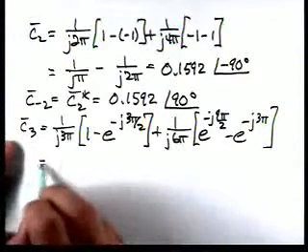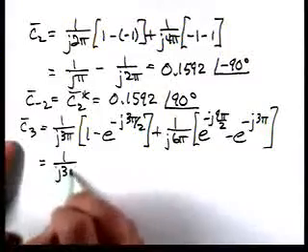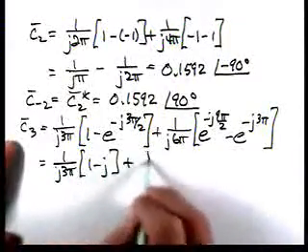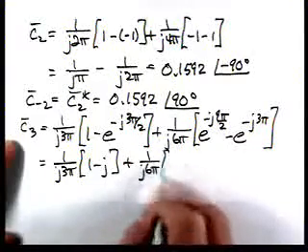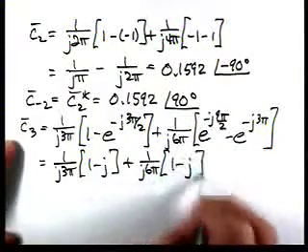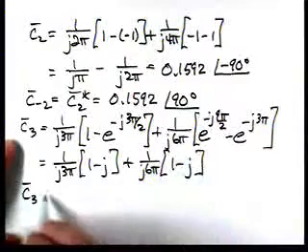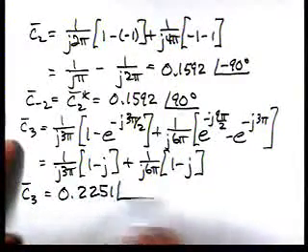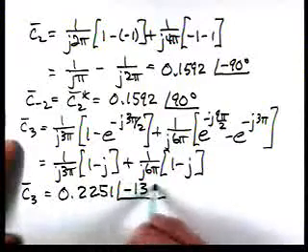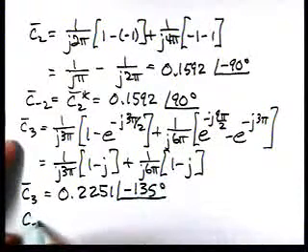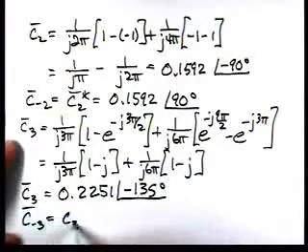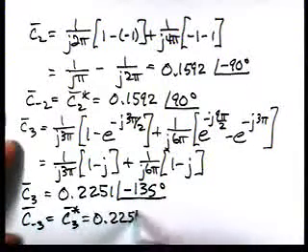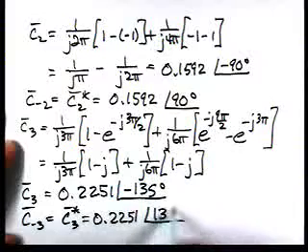This becomes 1 over j 3 pi times 1 minus j plus 1 over j 6 pi times 1 minus j. So C3 becomes 0.2251 at an angle of minus 135. C of minus 3, which is the conjugate of C3, is 0.2251 at an angle of plus 135.